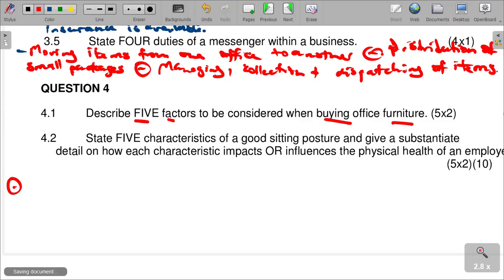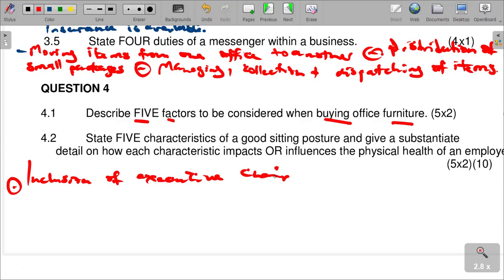One, an executive chair with armrest that allows tilts and movements and provides back support must be there. We are saying inclusion of an executive chair with armrest.